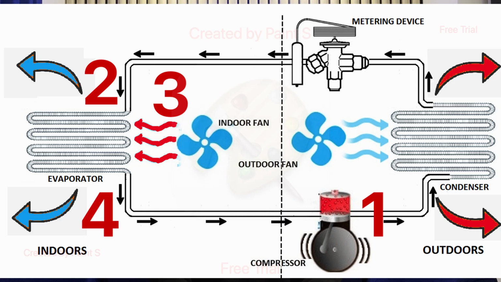The cold air is then circulated throughout the home, while the heated evaporated gas is sent back outside to the compressor. 5. The heat is then released into the outdoor air as the refrigerant returns to a liquid state. This cycle continues until your home has reached the target temperature.